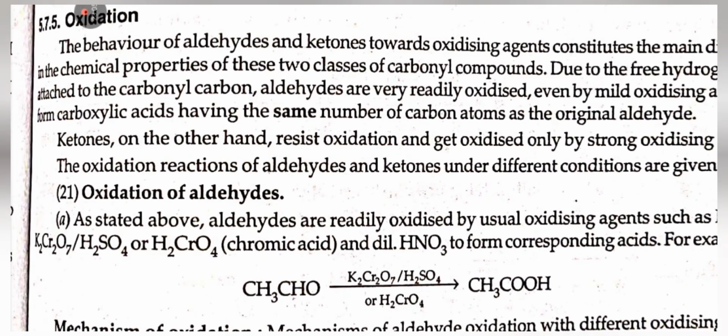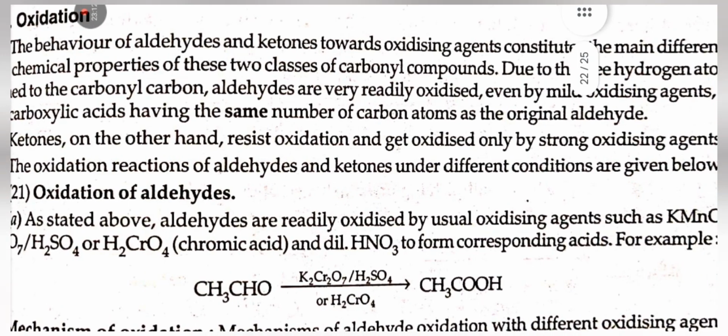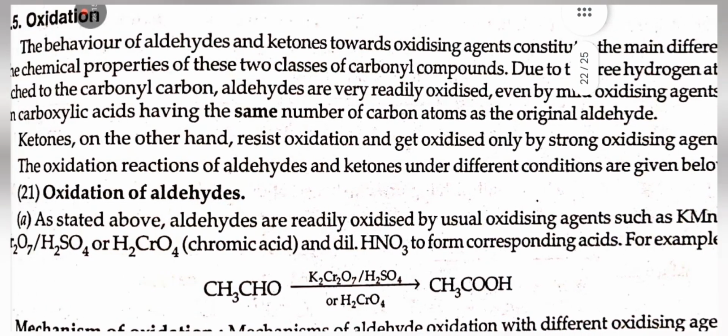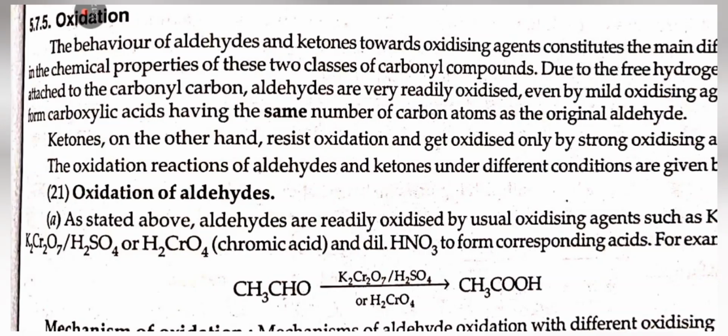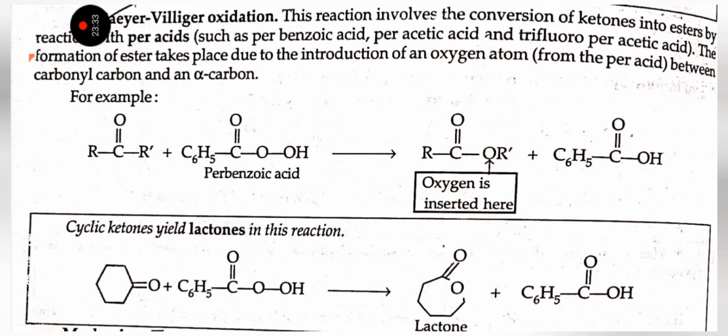Oxidation of aldehydes. As stated above, aldehydes are readily oxidized by oxidizing agents like KMnO4, K2Cr2O7 with H2SO4, H2CrO4 and dilute HNO3 to form the corresponding acids. For example, CH3CHO on reaction with K2Cr2O7 and H2SO4 will give CH3COOH. Baeyer-Villiger oxidation. This reaction involves the conversion of ketones into esters by reaction with peracids.